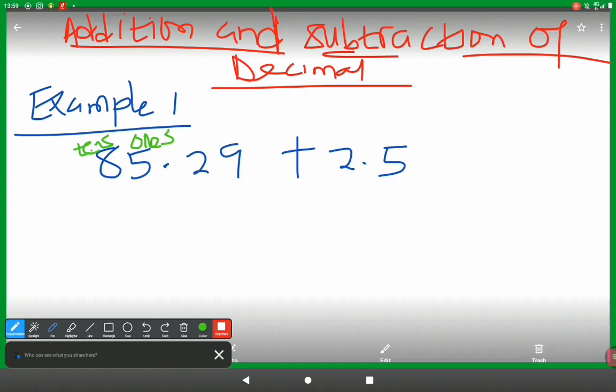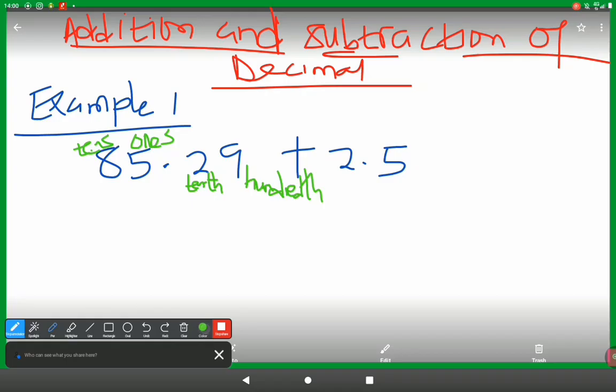There's nothing like ones, so it is tenths. And after that, it is hundredths. After hundredths, then it is thousandths, ten-thousandths, and the likes.